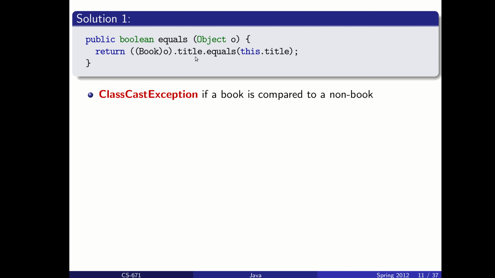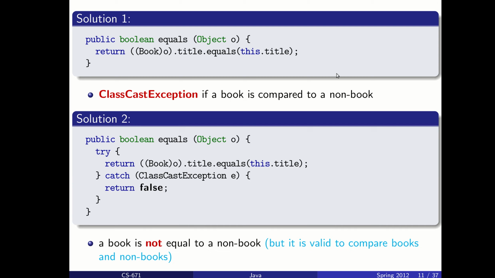So we're just comparing the titles of 2 books, assuming that the object we were handed was a book. If someone tries to hand us something that is not a book in this example, we will get an exception. Our program will crash or will at least report this exception. That's a ClassCastException. I've tried to cast to a Book, but it's not a book. So if we compare a book to a non-book with this version, it's going to blow up our program potentially.